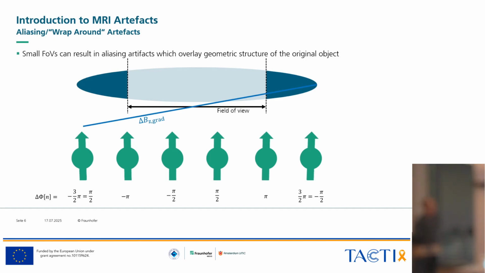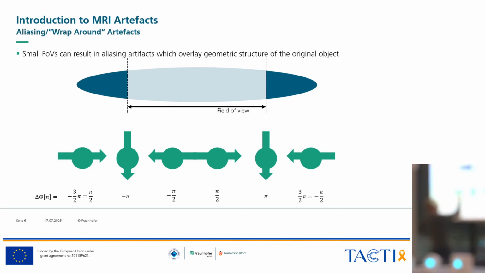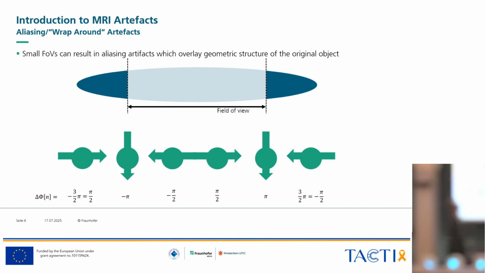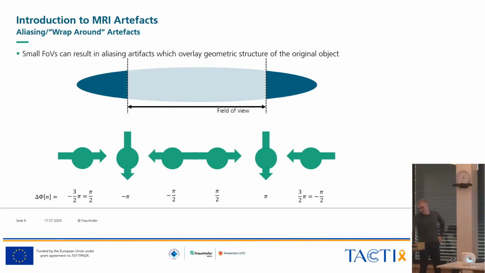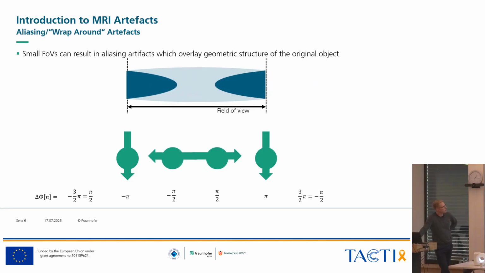And if you then look at the phase information that those spins would have after one encoding step, you directly see, okay, those spins would have the same phase. So this one would have the same as this one, and this one would have the same as this one. What that means is, if you then encode your signal and acquire everything with your coils, it appears as if those spins are at those origins, because you simply have the option to encode between minus pi and pi. And that's exactly the reason why you get those wraparound or aliasing artifacts in that case.